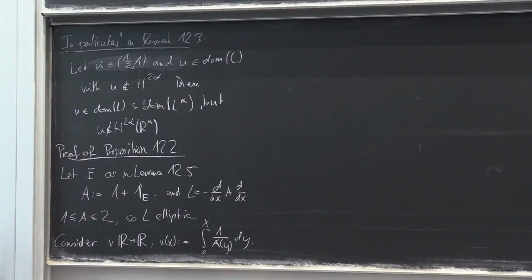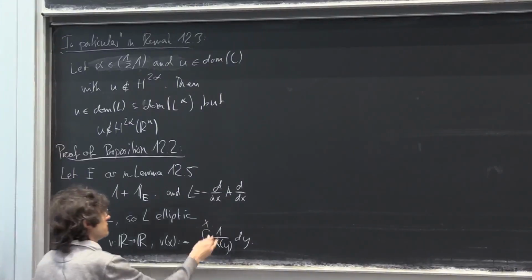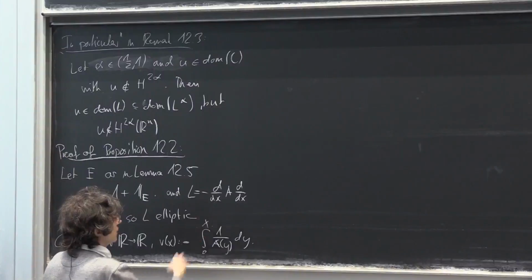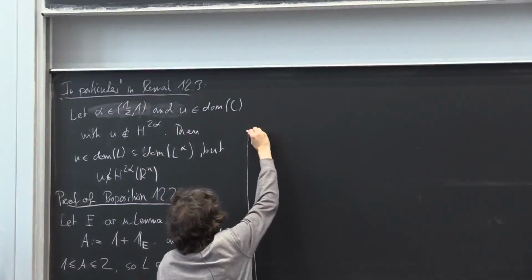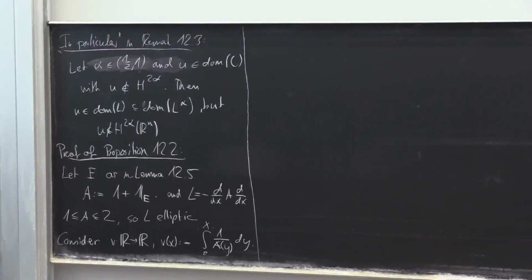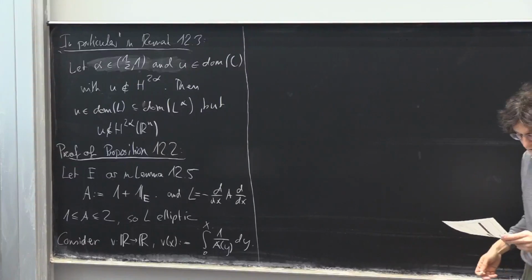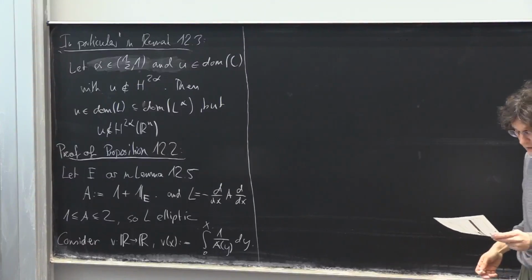This is a nicely defined function. 1 over a is between 1/2 and 1, so no problem to integrate from 0 to x. This gives a nice continuous function. It's not only continuous, it is even absolutely continuous. So as long as you look at it on a bounded interval, it's a nice H1 thing.